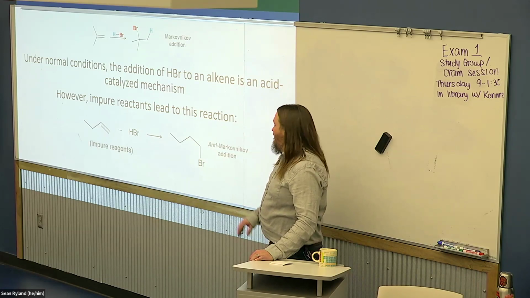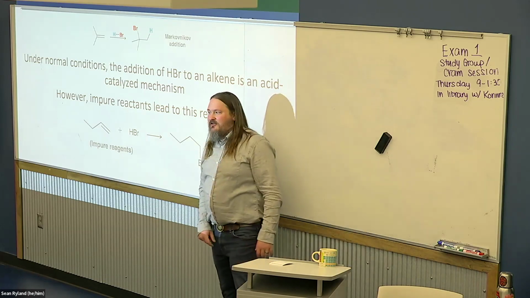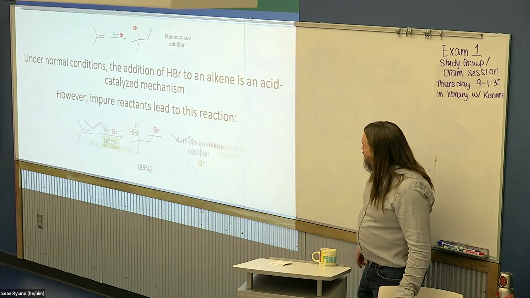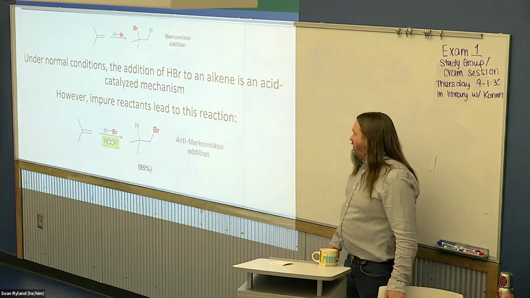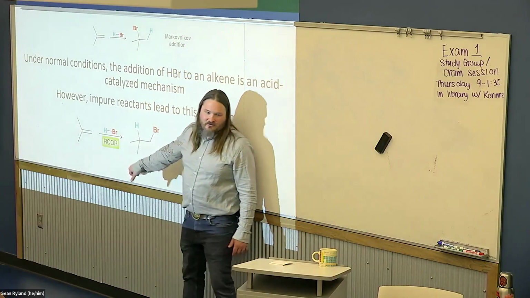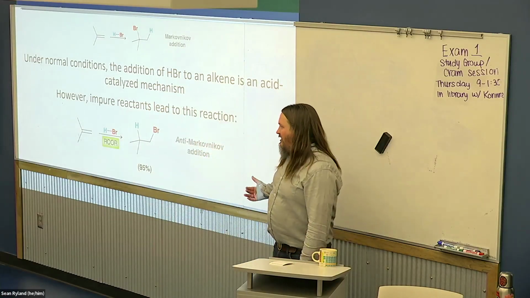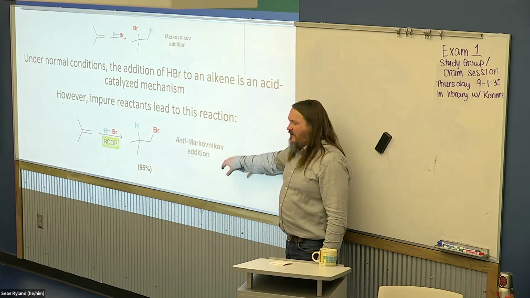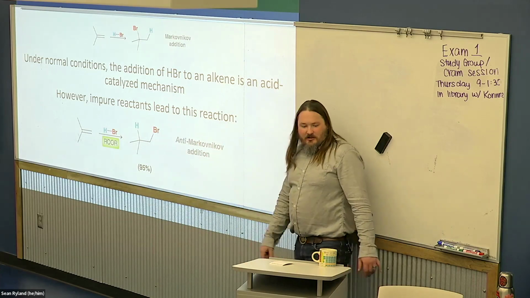So obviously our HBr is wrong. There's something wrong with it. Eventually they figured out that there was peroxide present in the bottle. And then they were able to take peroxide and intentionally add it to the fresh bottle and got the same thing. So they were able to confirm.